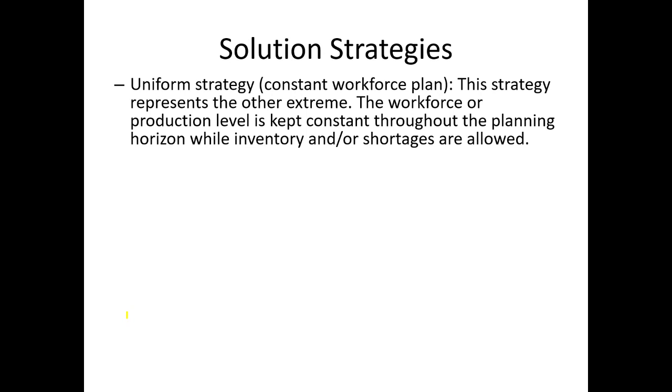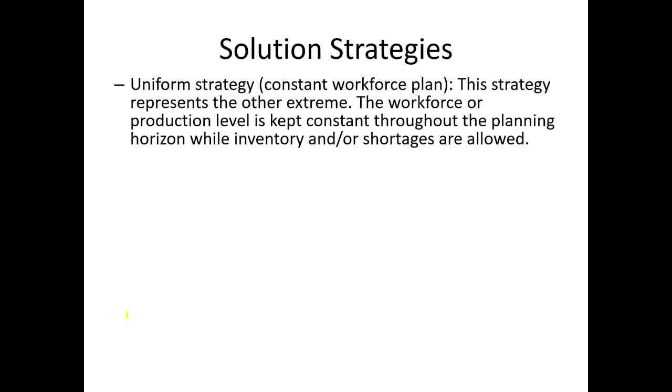what's called the uniform strategy. This is a solution strategy in which we provide a solution to the aggregate planning problem in which we maintain a constant workforce level throughout the planning horizon.